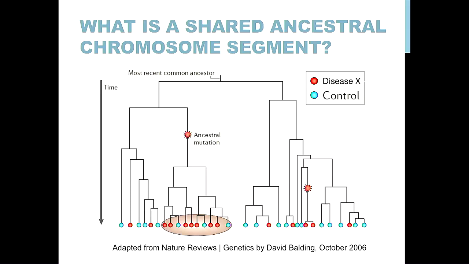So you might be thinking this is all well and good, but how do we actually know what these risky ancestral mutations actually are, right? We can't go back in time and sequence the variants in everyone's grandparents and great-grandparents and great-great-grandparents, etc., back hundreds of generations. That's not feasible.